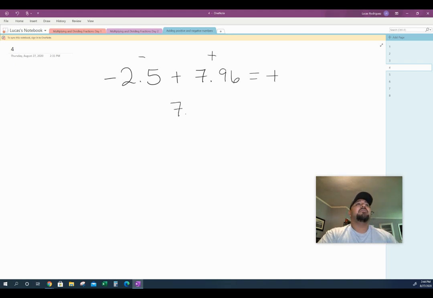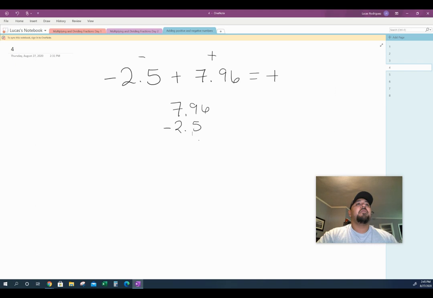But 2.5 of these guys are going to kill 2.5 of these guys. So 2.5 is going to be taken out of this positive army. So that's what we need to do. Having technical difficulties. We need to take out 2.5 of these.